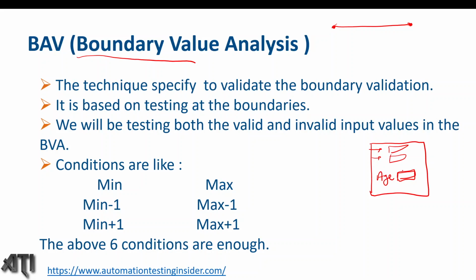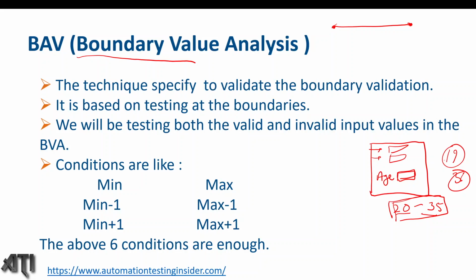For this particular job, we have an age criteria, from 20 to 35. If you fall in this category, 20 years to 35 years, then you can apply for this job. It should throw an error if you enter 19 years old or 36 years old, correct? This is the basic criteria for this particular form.